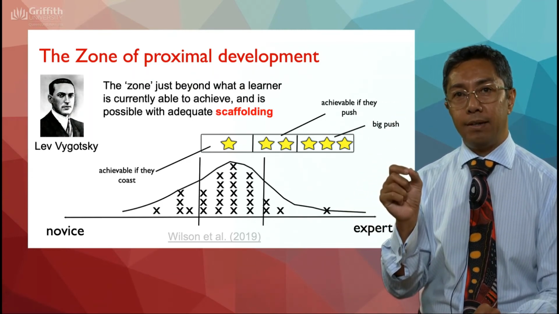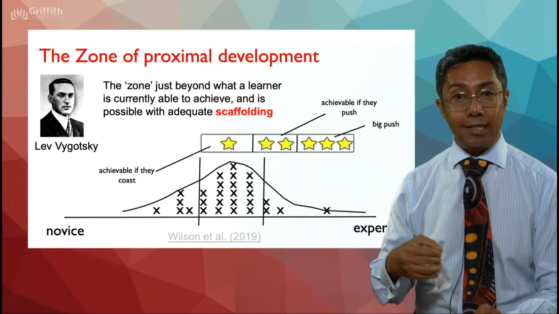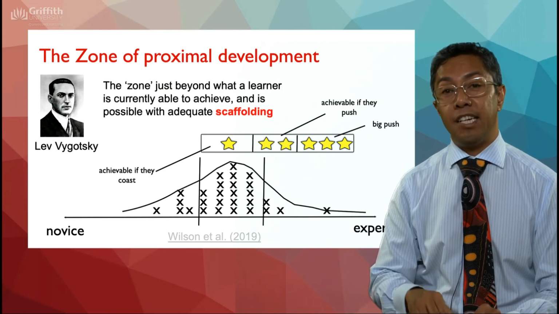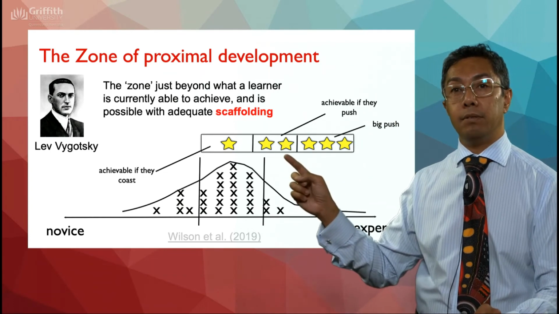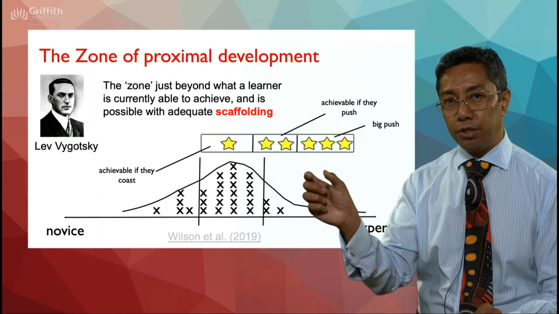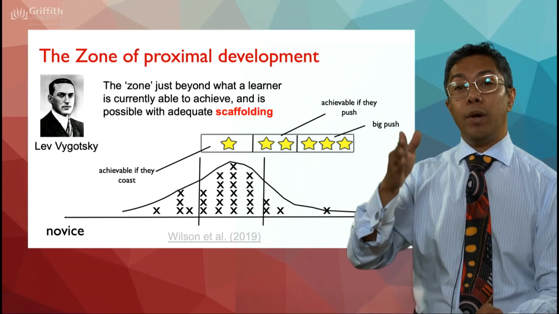Okay? So if we talk about a 3-star system of effort, of setting expectations within a classroom, what we'd be doing is we'd set the middle achievement here at just beyond what the majority of students are capable of doing, okay?